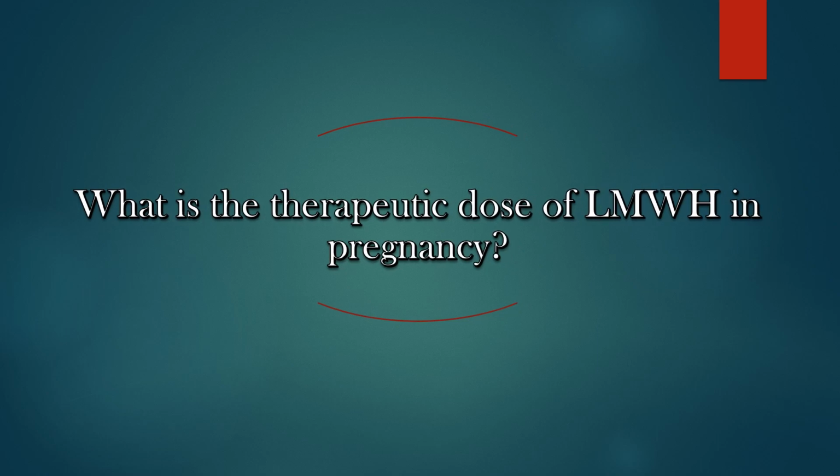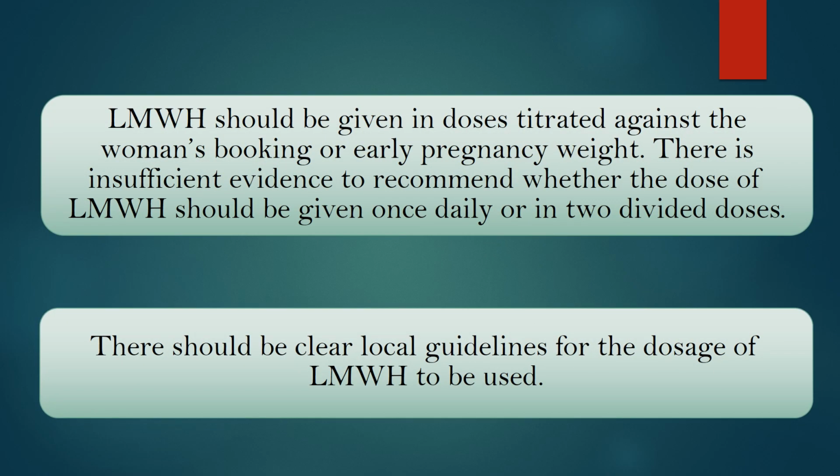What is the therapeutic dose of low molecular weight heparin in pregnancy? LMWH should be given in doses titrated against the woman's booking or early pregnancy weight. There is insufficient evidence to recommend whether the dose of LMWH should be given once daily or in two divided doses.